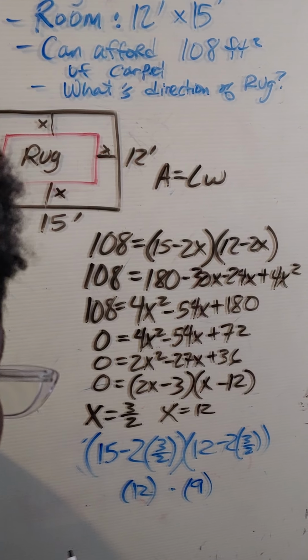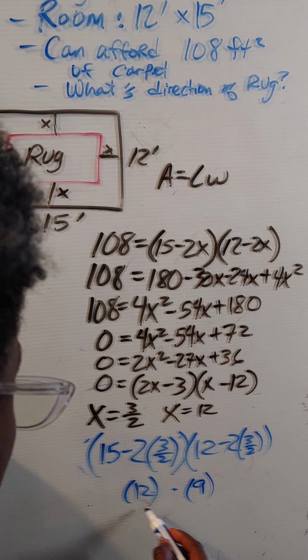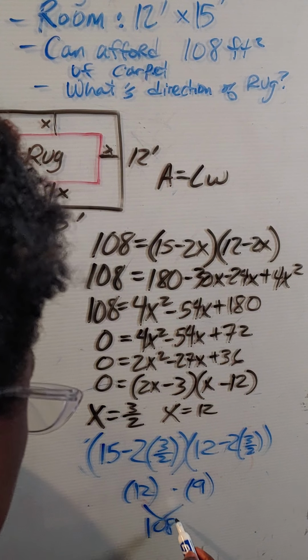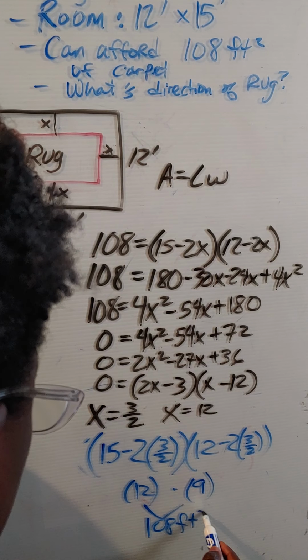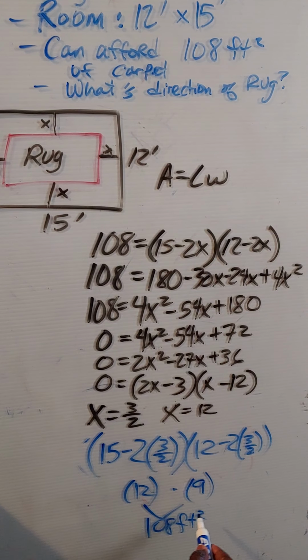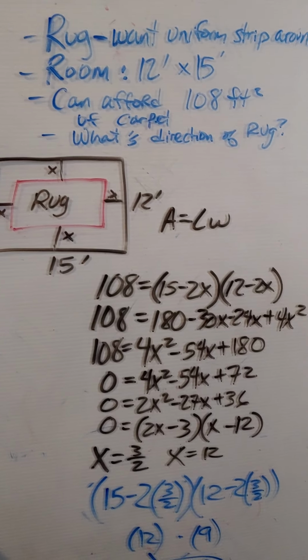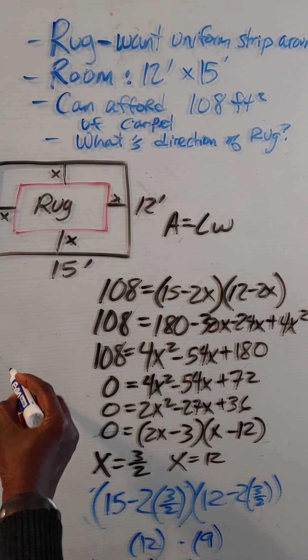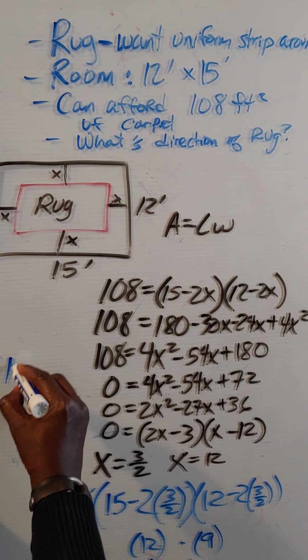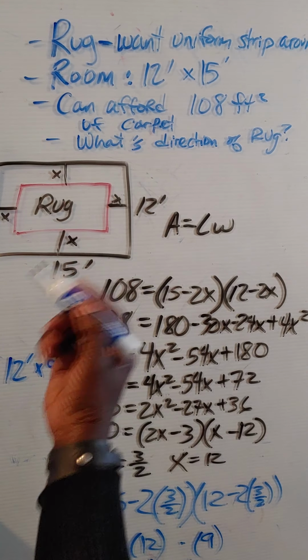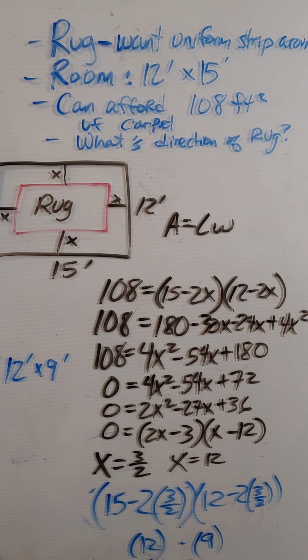These two values are positive, and that will give me the product of 108 square feet. Therefore, the dimensions of the rug, which is what it's asking, are in fact 12 feet by 9 feet, or 9 feet by 12 feet.